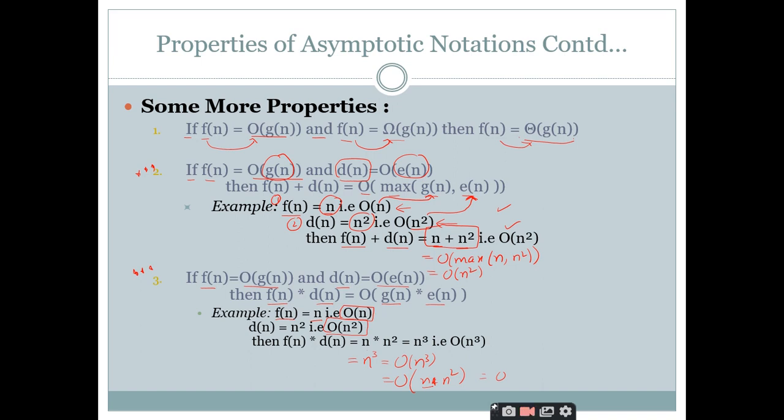If somebody asks you why you have taken the asymptotic notation into our algorithms, it is in order to express the complexities in a single term. In order to express the complexities in a single term, we have taken the concept of asymptotic from mathematics to computer science. Is it clear?